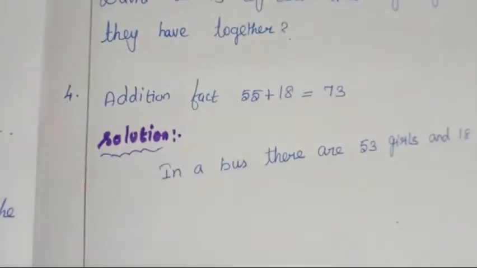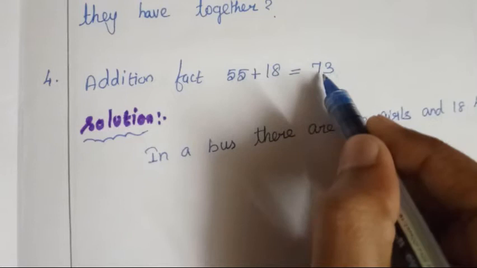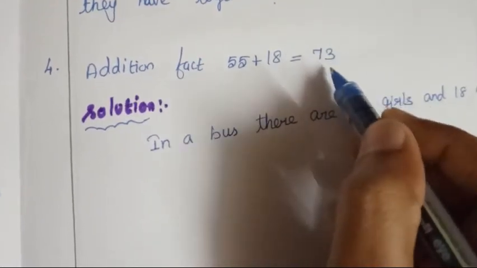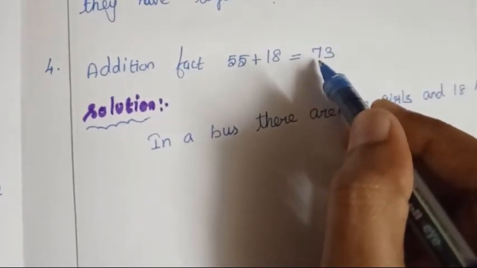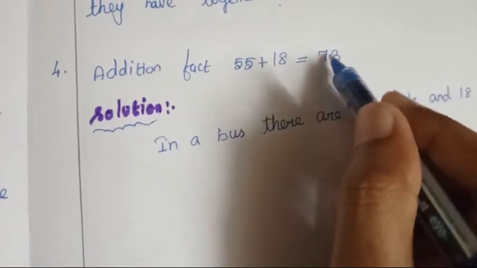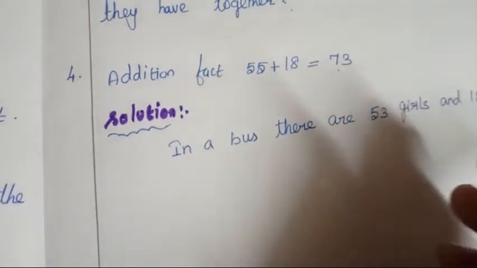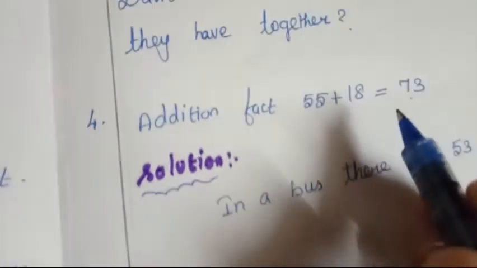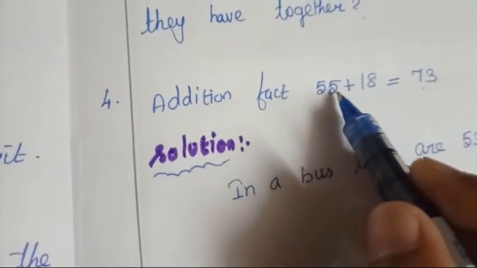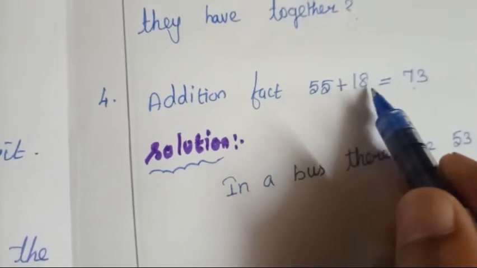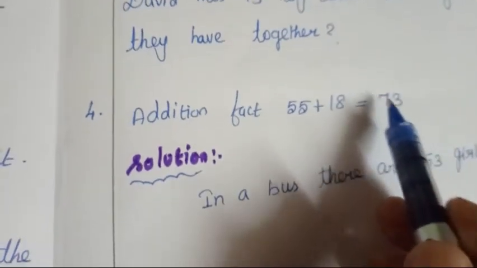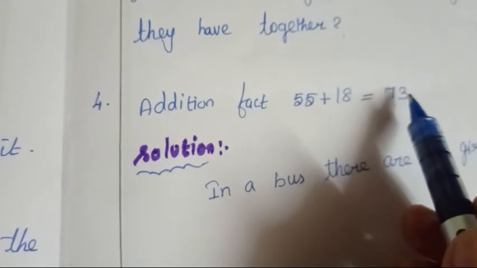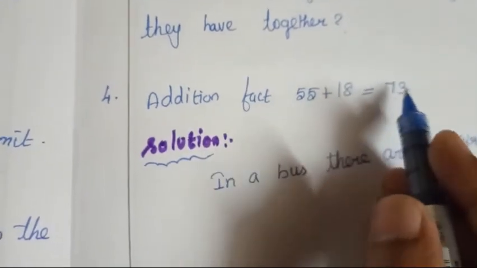Okay, now children, we have to frame a word problem related to 73. First we have to frame the statement related to 55 and 18. Then next we have to frame a question related to 73. Okay, so this is the answer.